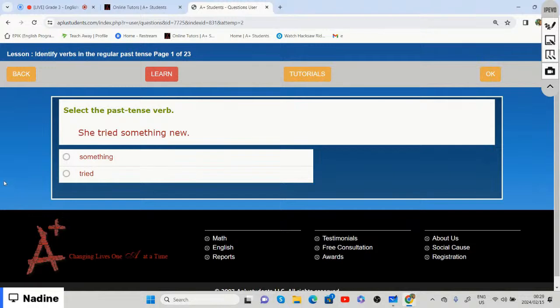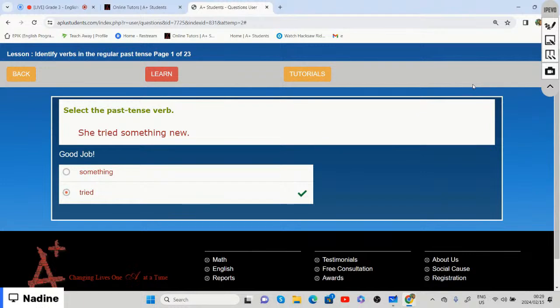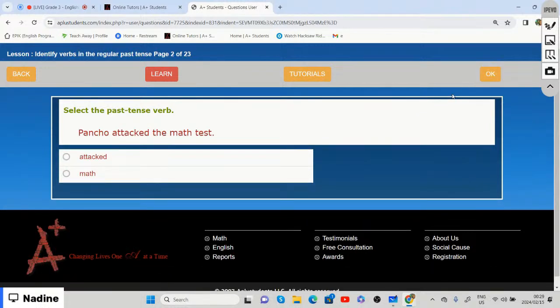So basically, if we select the regular past tense verb, we can say she tried something new. And tried is our correct verb.